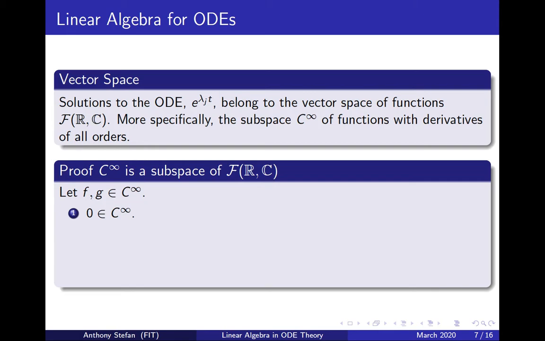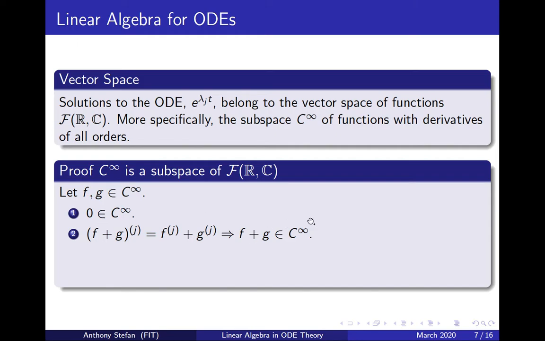So I mentioned that this is a subspace. Let's prove that C infinity is indeed a subspace of F from R to C. Let f and g be elements of C infinity. In order to prove a subspace, we have to do 3 steps. First, investigate the 0 vector. Is the 0 vector in? Of course, we can check that off because we know 0 is infinitely differentiable.